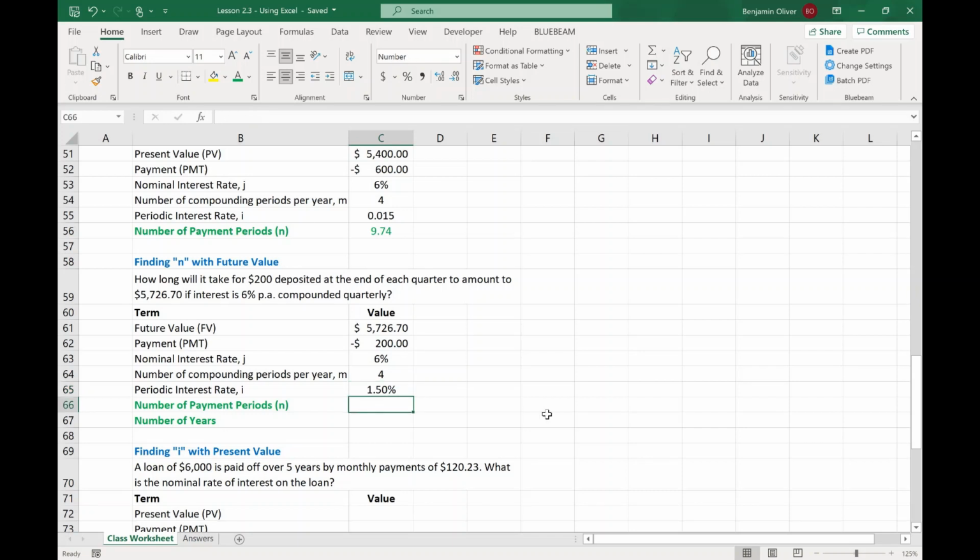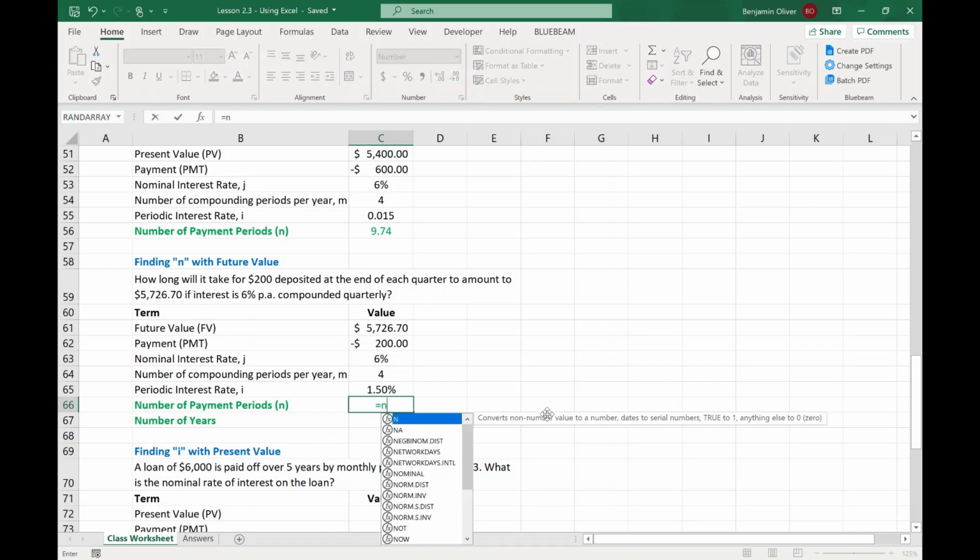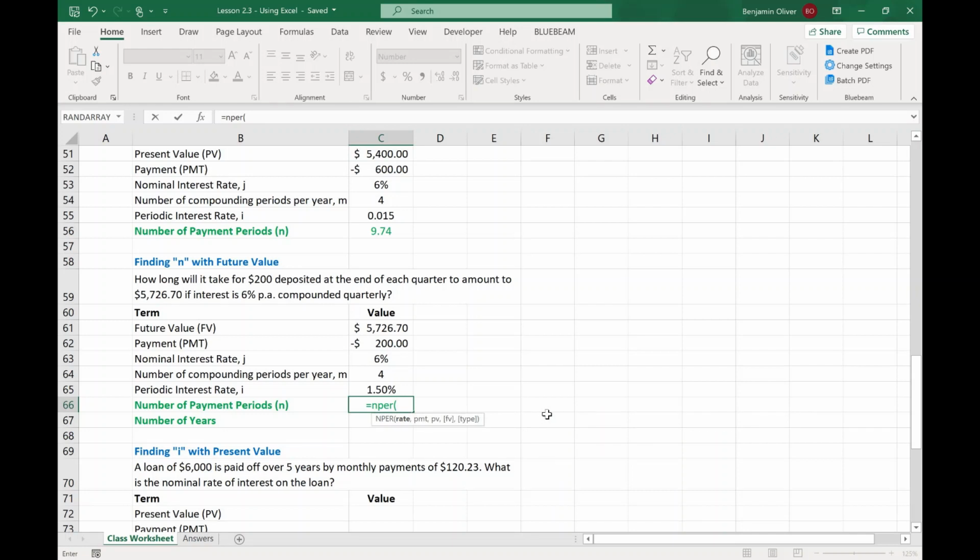So our number of payment periods can now be calculated with the same formula, equals NPER. It asks for our periodic rate of interest, so we select this cell. Our payment, which we select here, of $200. Our present value, we don't know, right? We know the future value, so we type in 0.